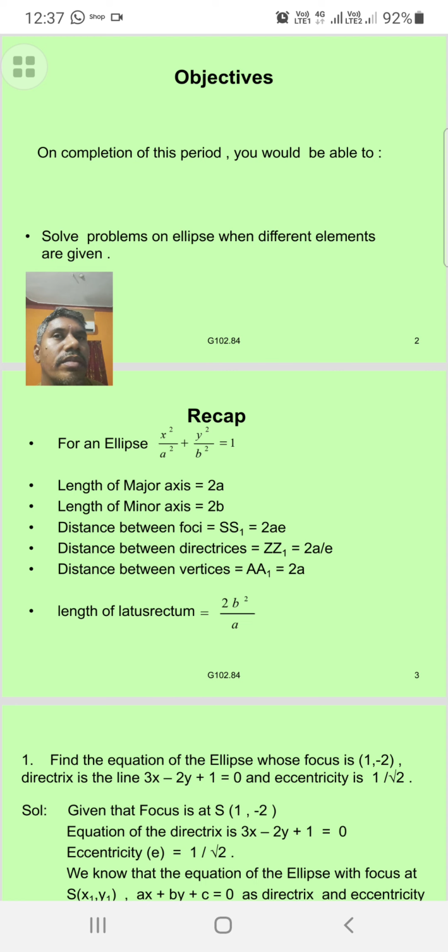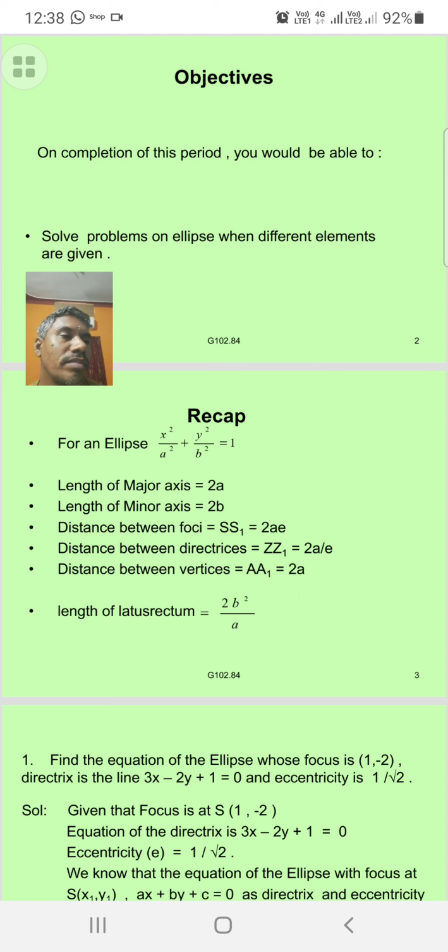Second thing, in some questions we cannot decide directly from the question which form it suits, or we cannot take the values of a, b, e or h, k.